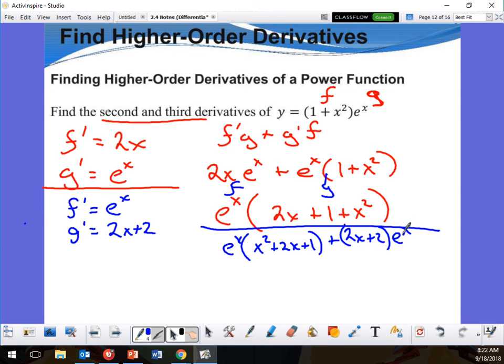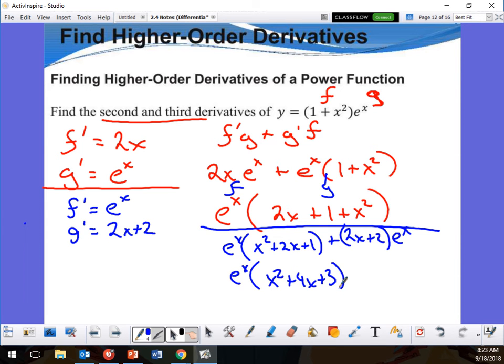Now factor out the e to the x again, and I'm left with x squared plus 4x plus 3. So that's the second derivative.